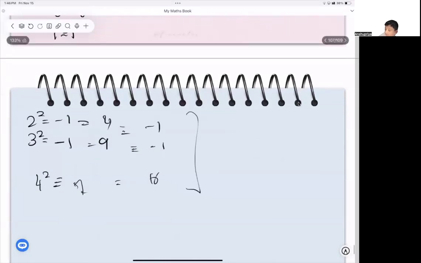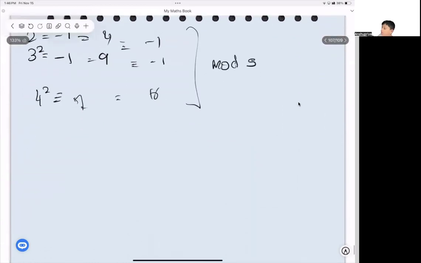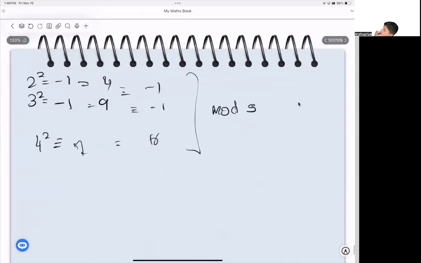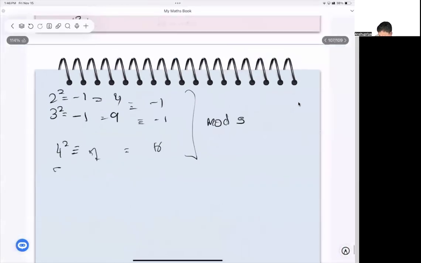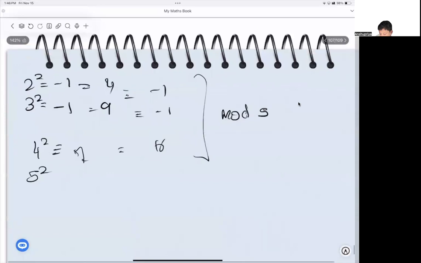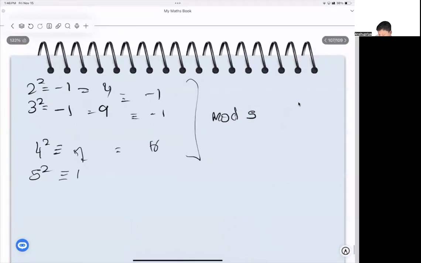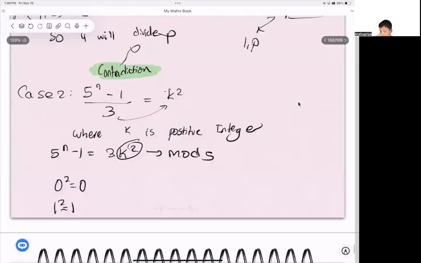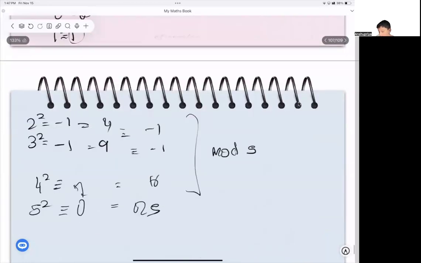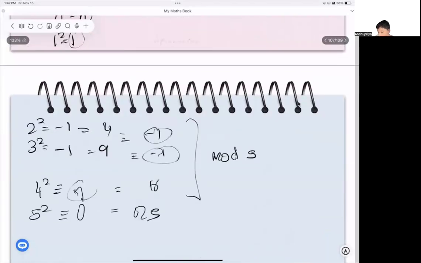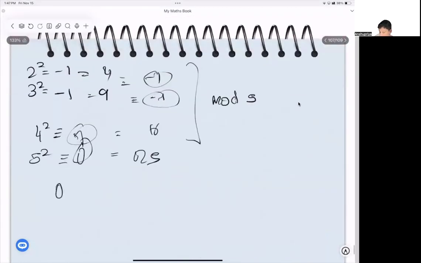Okay, this is mod 5. And 5 squared is 25, equivalent to 0. So the residues are 0, 1, minus 1, minus 1, 1, 0, or just 0, 1, minus 1.